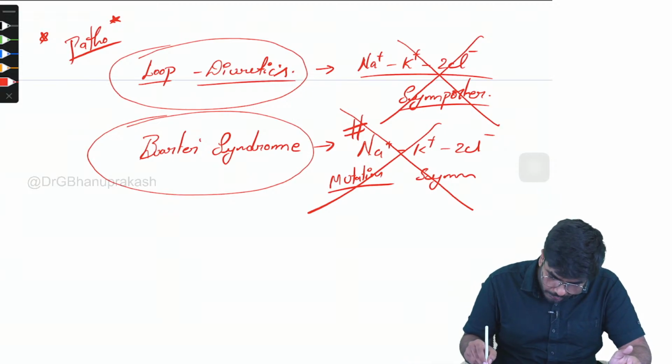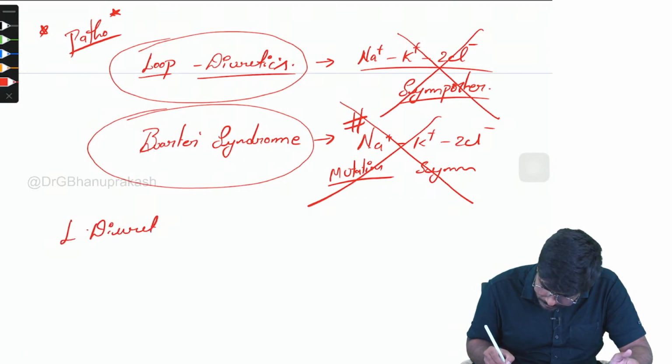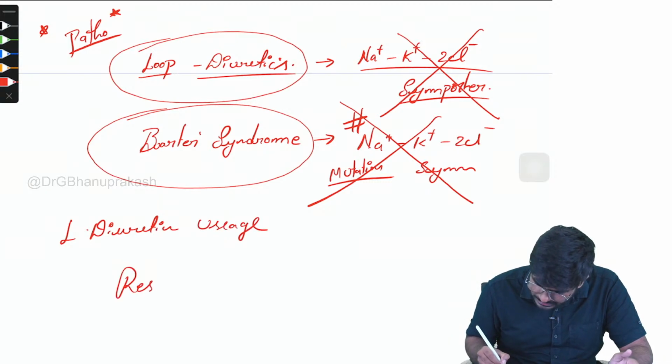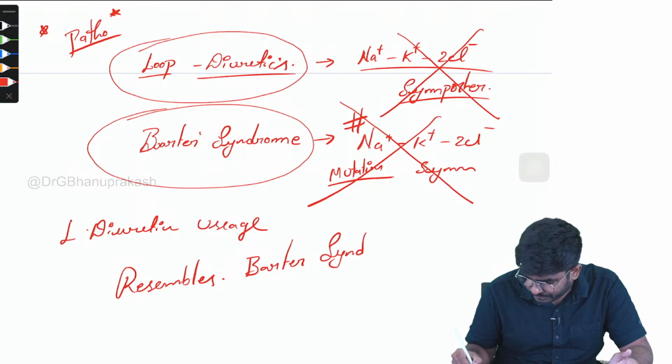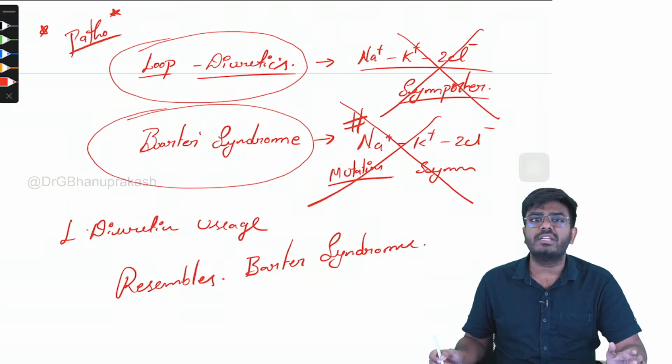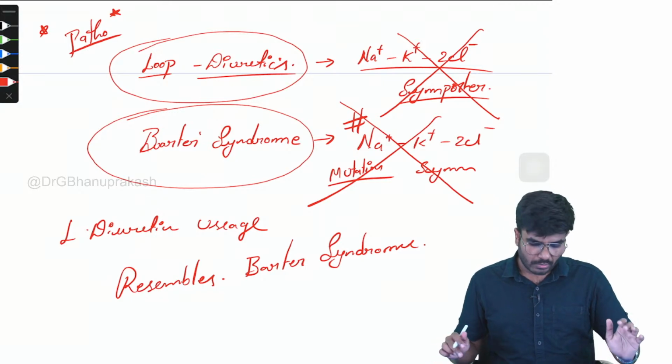So loop diuretic usage resembles Bartter syndrome. Why? Because in both the conditions, the same transporter is affected. The sodium, potassium, 2-chloride symporter is affected. Okay, guys?